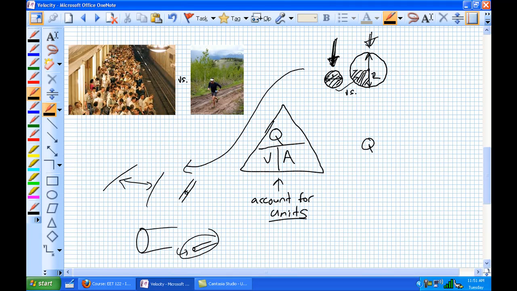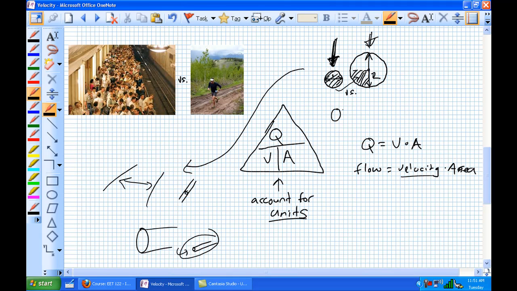Q, if we want to solve for Q, what do we take? The velocity times the area. And now think about that. If our flow is our velocity times our area, think about this. If our velocity stays the same, 12 inches per second, 1 foot per second, and our area doubles.